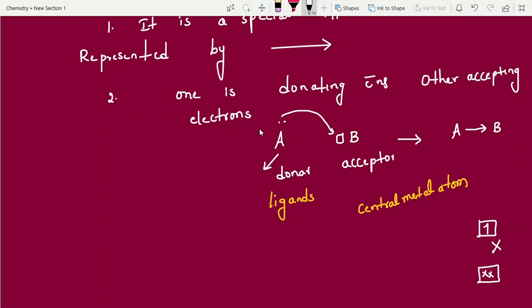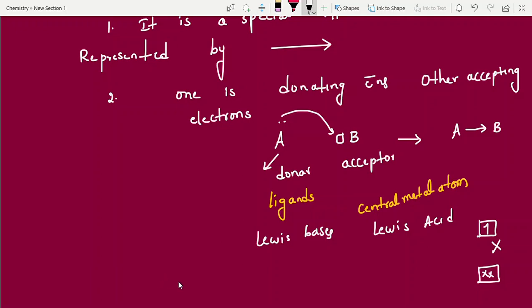One more point: Lewis acids and Lewis bases are also added here. According to Lewis, all donors we call Lewis bases, and acceptors are Lewis acids. So finally, ligands are Lewis bases and central metal atoms are Lewis acids.